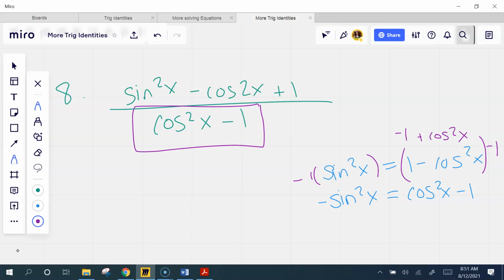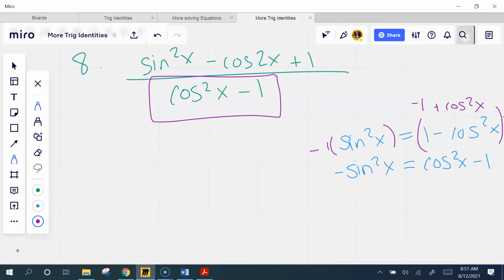I'm going to show you. So yes, you changed that. I'm just telling you that's an identity, a kind of corollary to that identity. It's the same thing. So what I'm getting to is this denominator could actually be written as negative sine squared x.